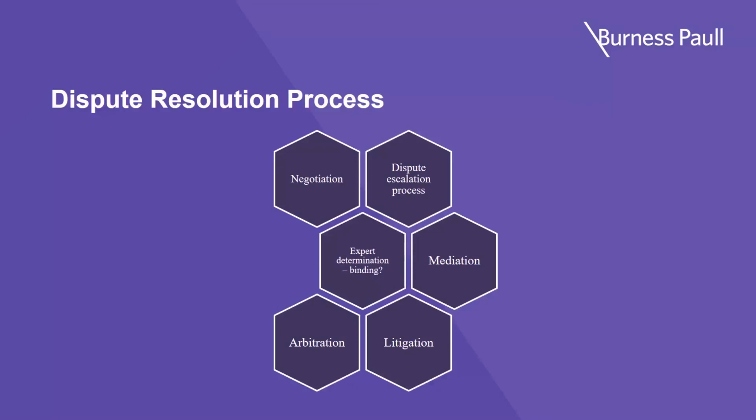There are many other ways in which you can do that. A dispute escalation process may well be built into the contract. If it isn't, that perhaps could be agreed, to say, well, we'll try and do what we can, but we want this to be escalated to different levels within management. Very often there are specific issues, perhaps legal or technical issues, which might usefully be resolved.